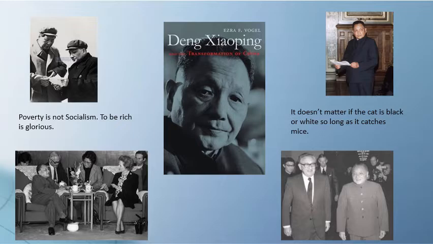And another quote is, "It doesn't matter if the cat is black or white so long as it catches mice." So in other words, capitalism works, and that's all that matters. So while the initial steps in opening up were pretty small, they were momentous because of the change in direction, especially given the ideological fervour that had gone on before for so long.